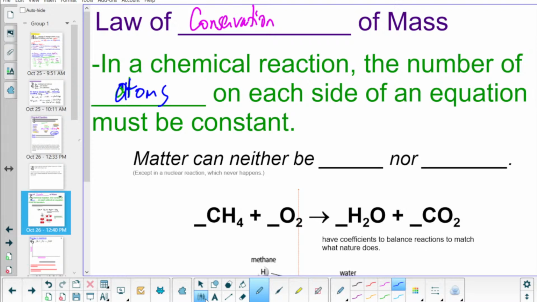Because there is radioactive waste in coal, and you burn it, and it spreads out all over the place. We would like to have none, and that's what we're hoping nuclear fusion will do. Okay, matter can neither be created nor destroyed, which I then hinted down here, except in nuclear reactions, which never happened. It's only the most common reaction in our solar system.